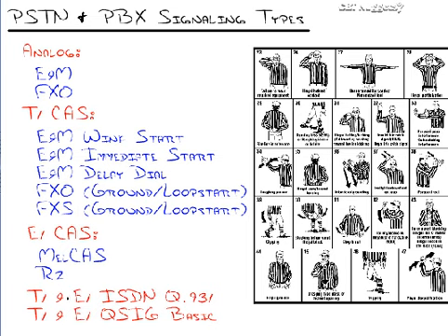On top of that, if we choose to use CCS configuration, we can use it in the form of T1 and E1 ISDN Q931, and that's using ISDN because a lot of PBX and PSTN connections will have ISDN Q931 signaling. But even more so, you'll see T1 and E1 QSIG basic signaling.